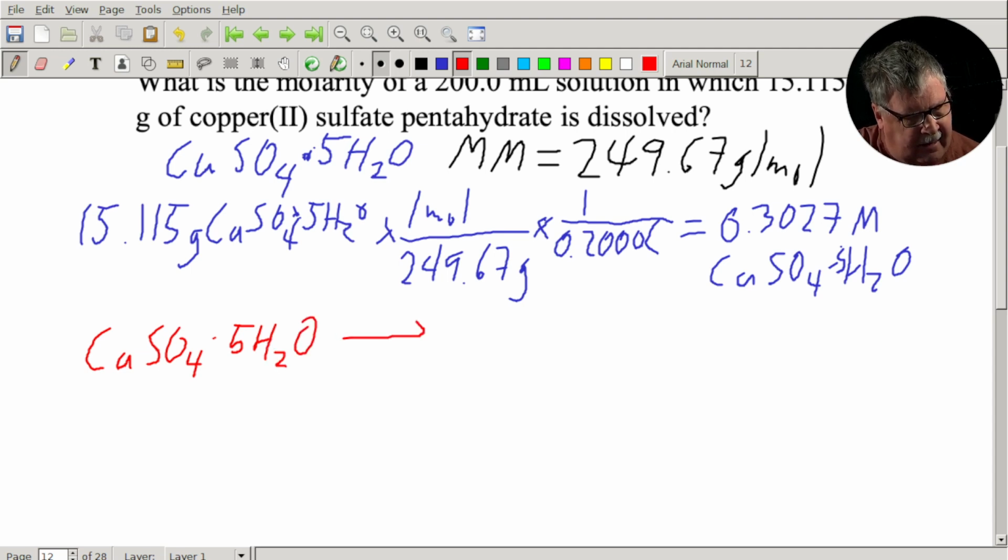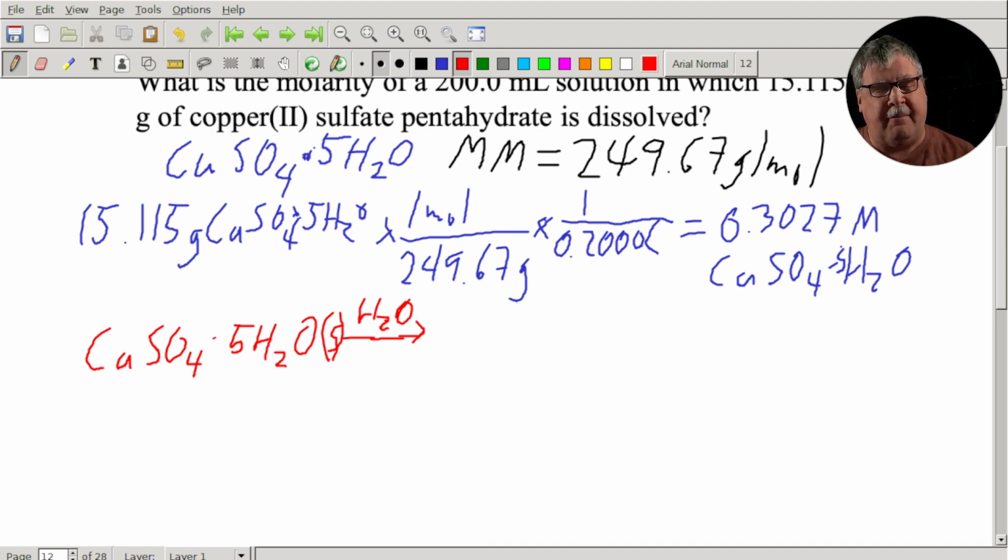It's an ionic compound. So if I dissolve this ionic compound in water, what do we say happens to it? What happens to ionic compounds in general when we dissolve them into aqueous solution, when we dissolve them into water?